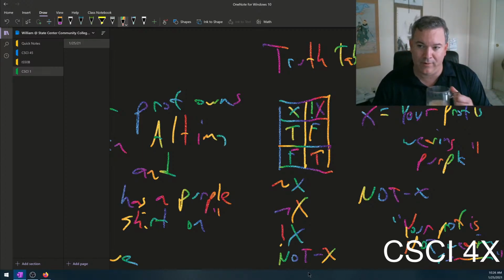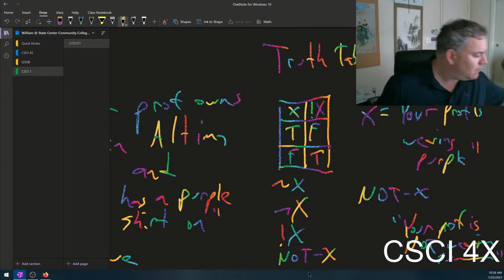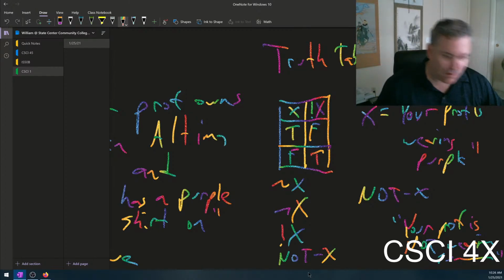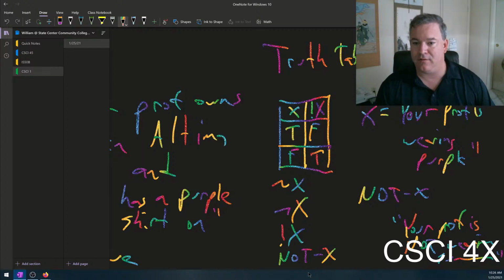So a truth table is just a way of saying, this X means the truth of this statement here. Is it true that I'm wearing purple? Yes. Then the truth that I am not wearing purple is false. Does that make sense, Mata?